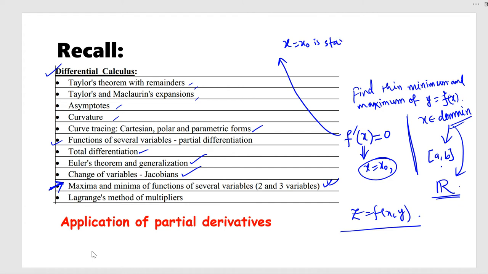Stationary points are those points where the derivative is 0.